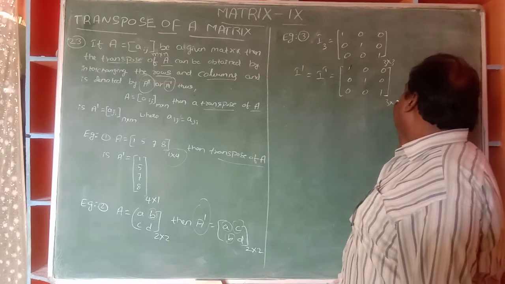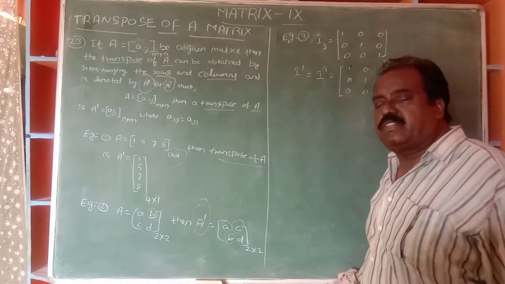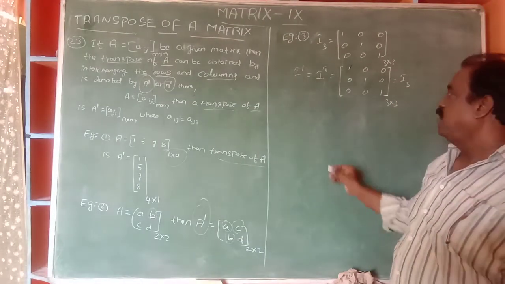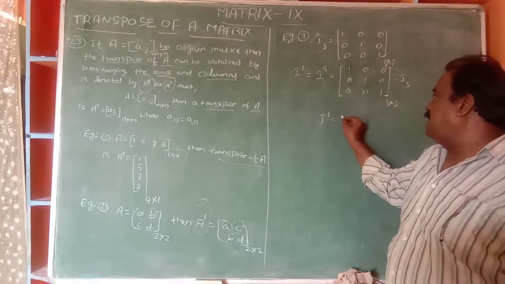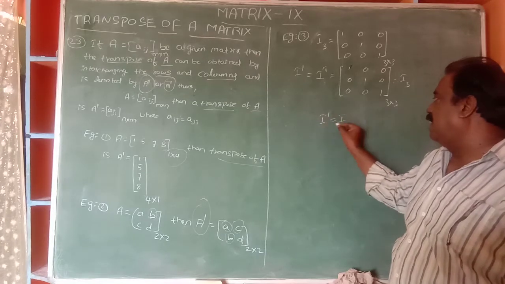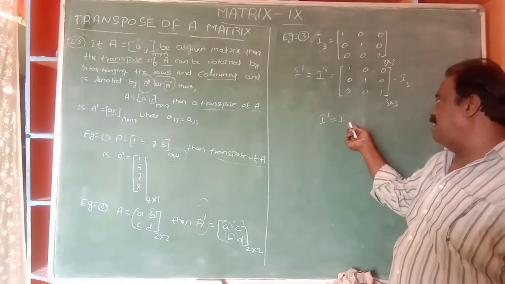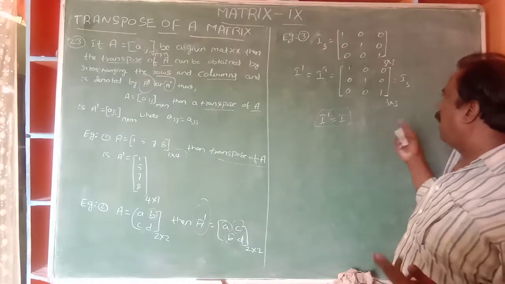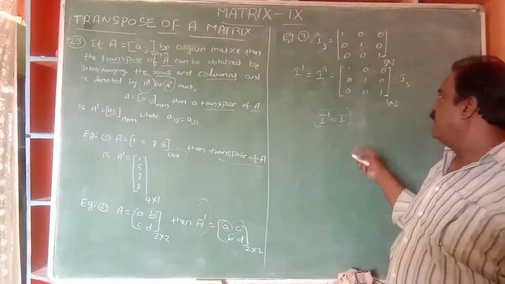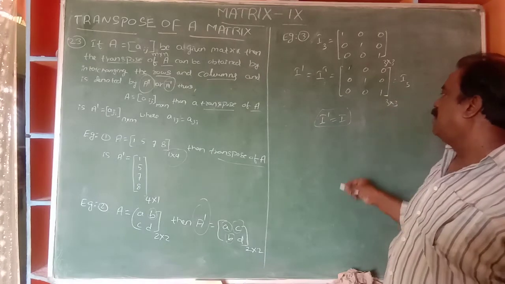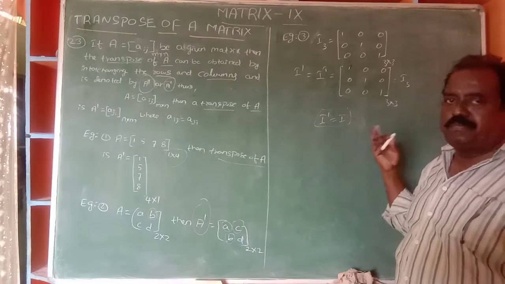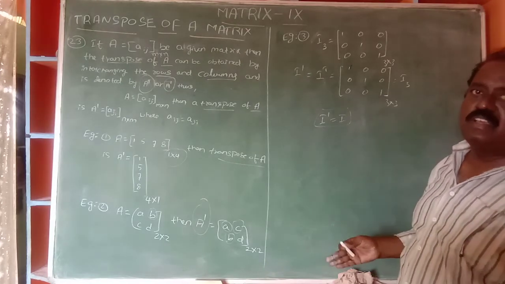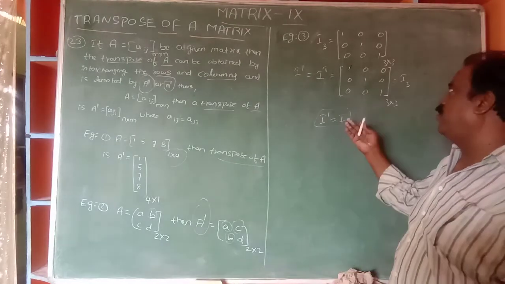You see that here again we get the same I. Therefore, I dash is nothing but I, whether it is I2, I3, I4, whatever the order. Let me read out: the transpose of the unit matrix, the identity matrix, is itself. It will not be changed.